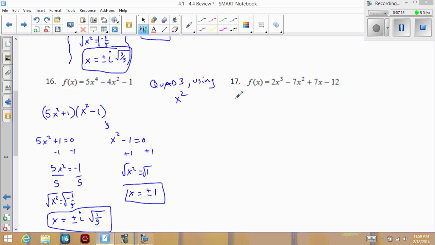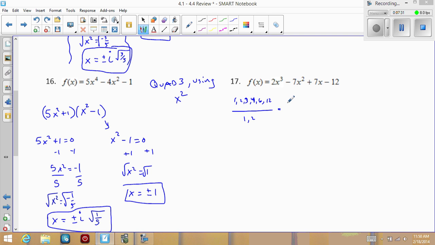So I have factors of 12: 1, 2, 3, 4, 6, and 12, over the factors of 2, which are 1 and 2.